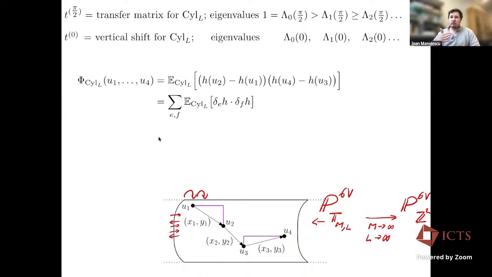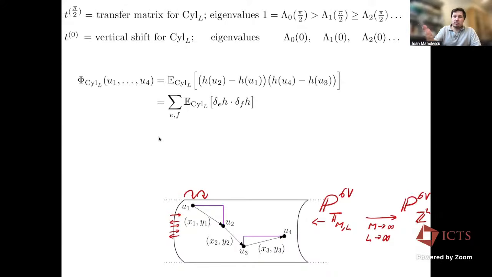And it encodes the energy or the probability of passing from one arrow configuration to the next. So if you want to compute the partition function of the model on a torus, you just take the trace of the transfer matrix to the power M.